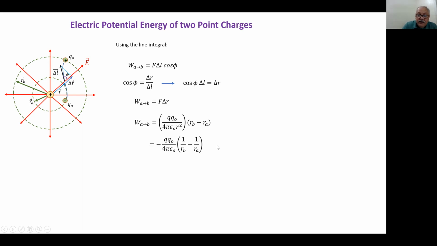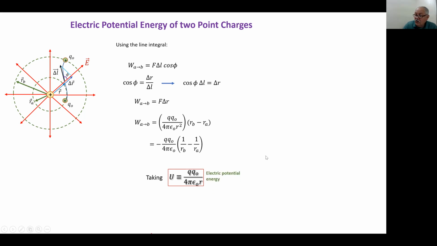And what do we have? This is equal to negative this product. Actually, we have the negative at the beginning. Okay, perfect. Then, taking the electric potential energy, this is a definition: Q naught over 4 pi epsilon naught times R, because we have this R right here.